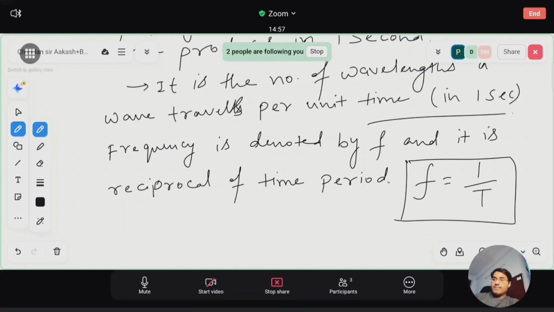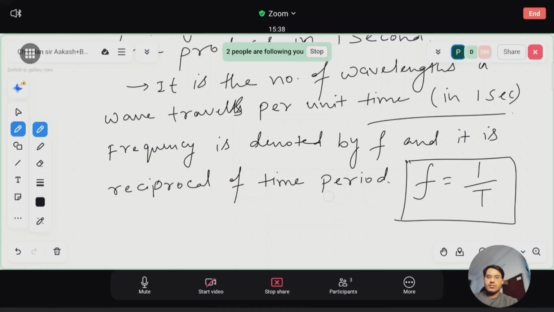Frequency is always 1 by T. Okay. So have you written, Deepak, till here? I'm writing it down. Okay. Please write down.